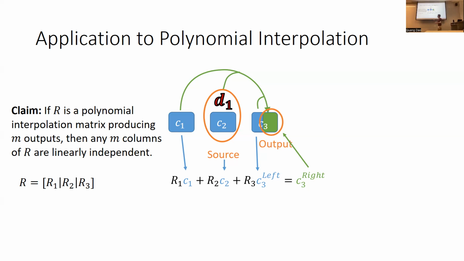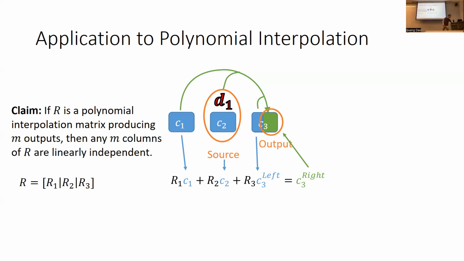And in particular, because R2 here is formed out of columns of R, R2 satisfies the same property. R2, you'll notice, is actually applied directly to something that's been deleted.